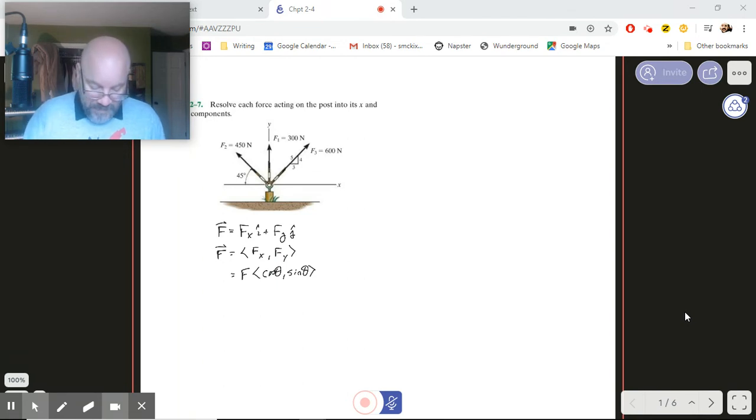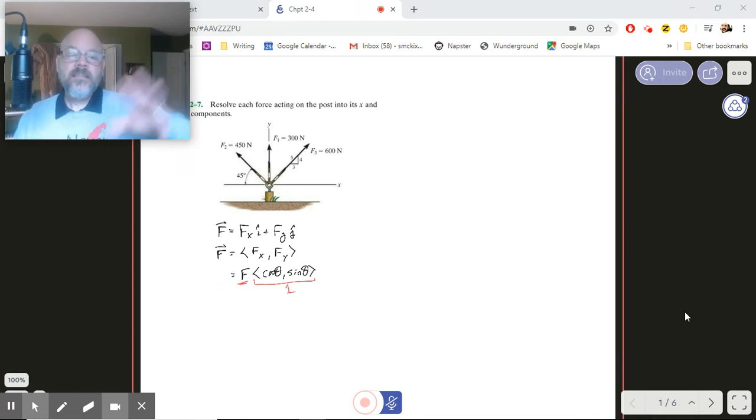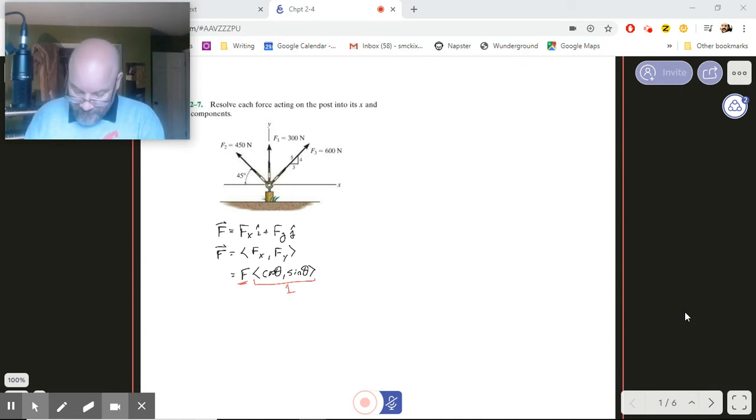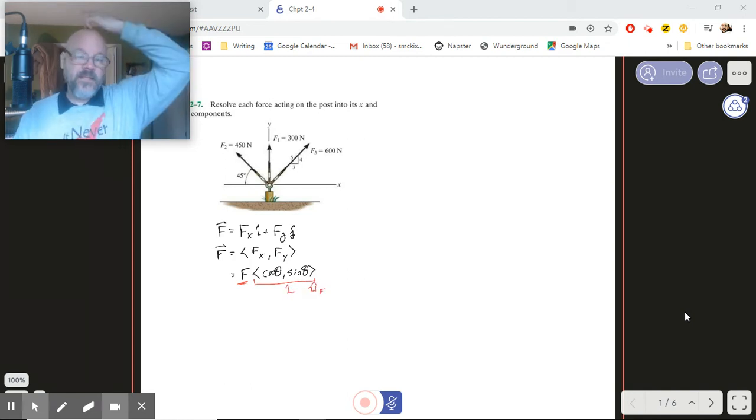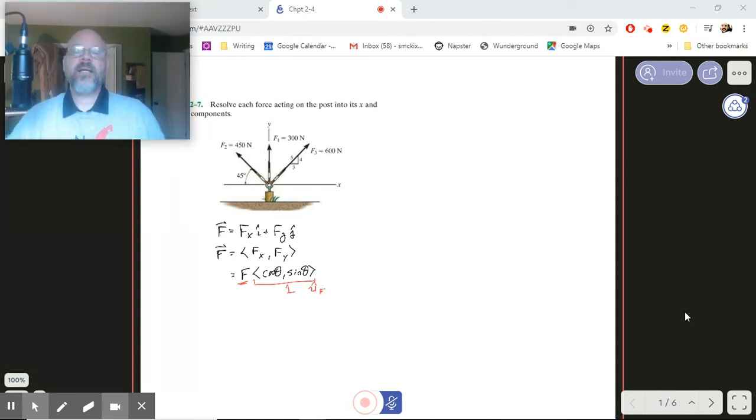What I want you to see right now is that this part right here has a magnitude of 1. So we can say the magnitude of the vector times something about its direction. In fact, this expression is what we call a unit vector in the direction of F. Not sure if you've gotten to unit vectors yet in Calc 3. If not, you'll get there pretty quickly, and that'll make more sense once you do.